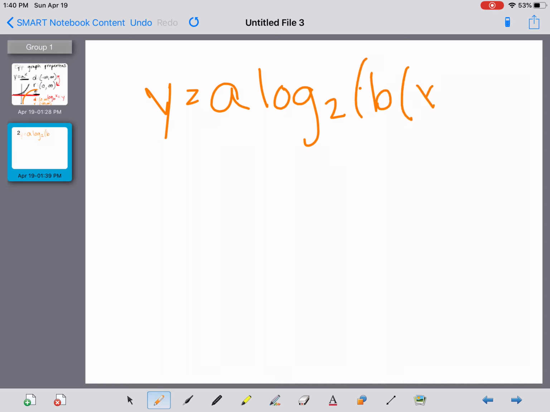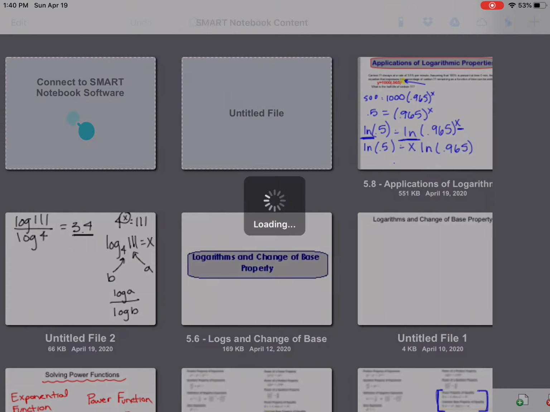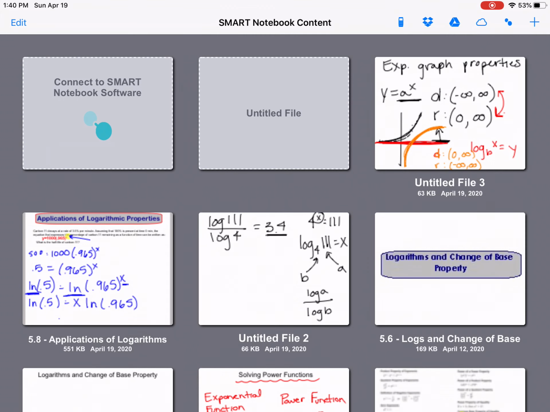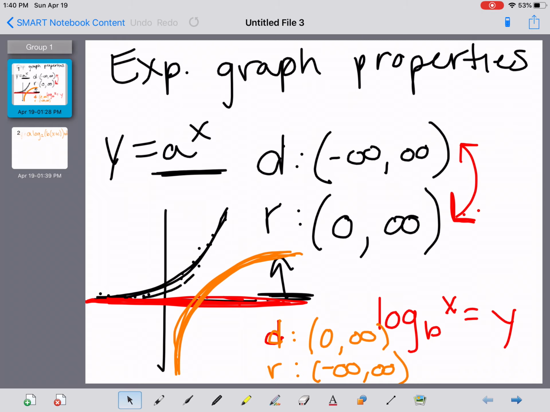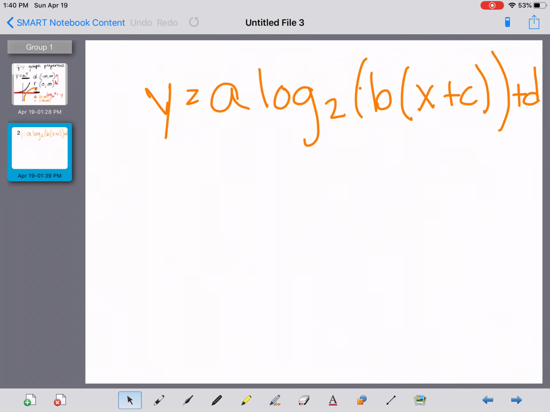Now it looks like a lot of stuff, but all it's saying is that these are, for lack of a better word, manipulators. And it still holds true the same way that we moved around other functions.